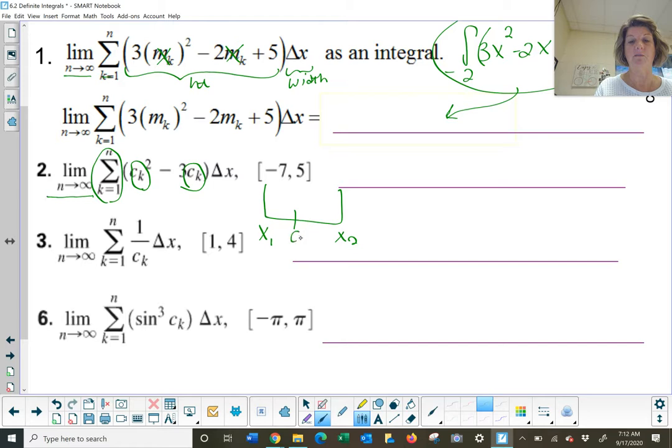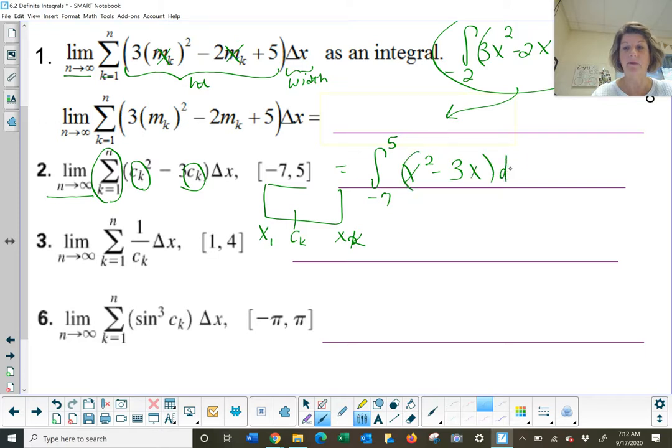They've chosen some c sub k in the kth subinterval. So let's just convert this into an integral on the bounds -7 to 5 of x squared minus 3x dx for our width. These really are pretty easy to convert. This is not bad at all, is it?